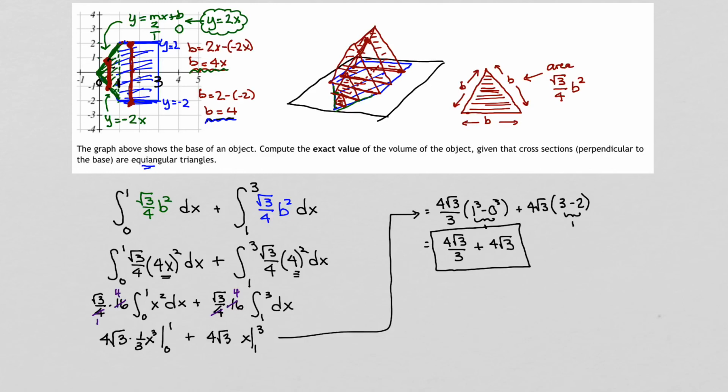Or if I like to get a common denominator, that would give me 4 square roots of 3 over 3, 12 square roots of 3 over 3, or 16 square roots of 3 over 3. That is the volume for the solid resulting from putting equilateral triangles on this original trapezoidal base.